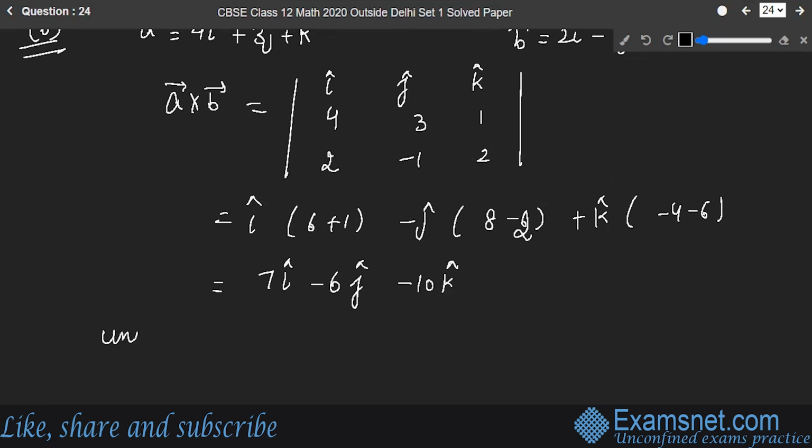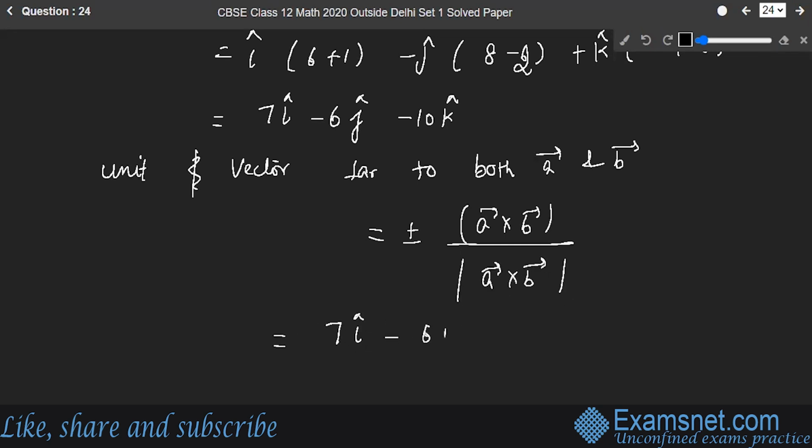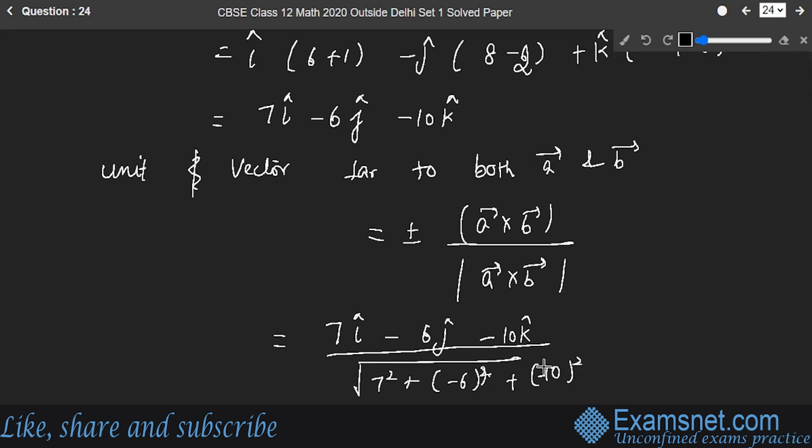Now the unit vector perpendicular to both A and B vector is equal to plus minus the cross product of these two vectors divided by the magnitude of the cross product. So this is equal to 7i minus 6j minus 10k whole divided by root of 7 square plus minus 6 square plus minus 10 square.